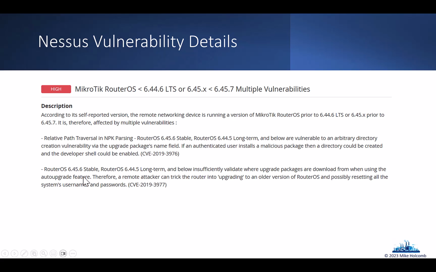And then it looks like some type of upgrading trick that you can run. Ultimately, you could potentially get it to reset the system's usernames and passwords. I'm like, okay, well, if I could reset the password for the administrator account, yeah, that sounds like a pretty bad vulnerability.